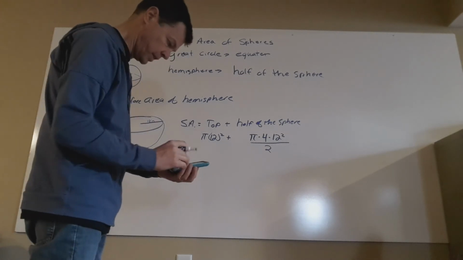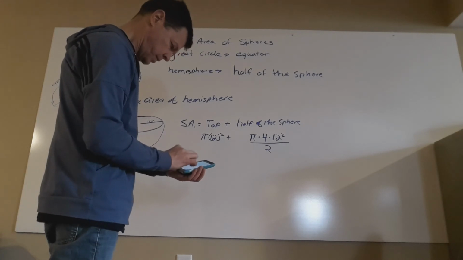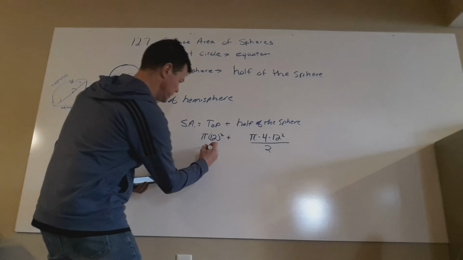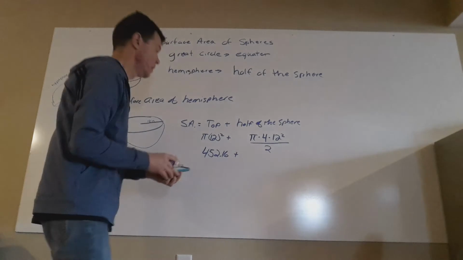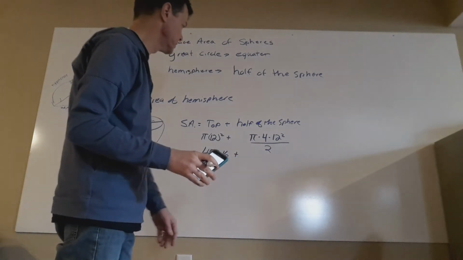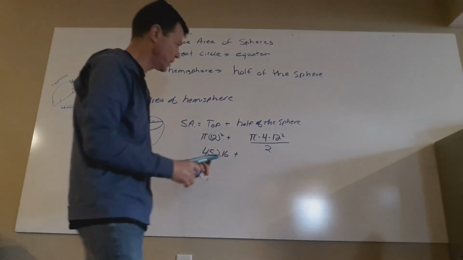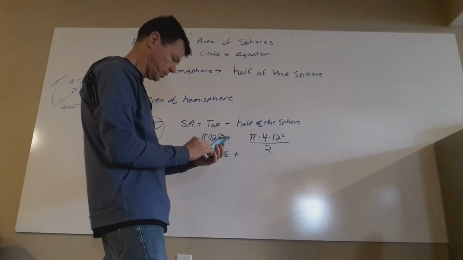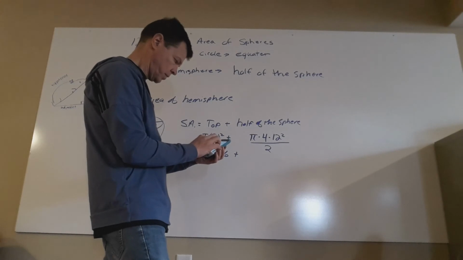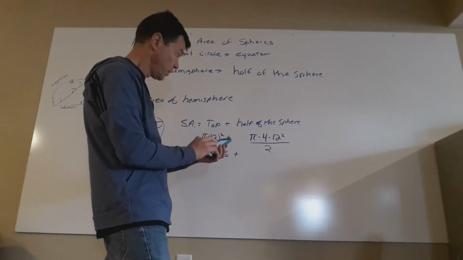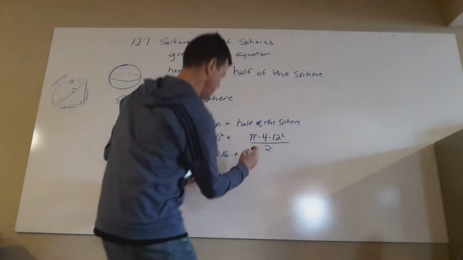I'll calculate that here quickly. The top is 452.16. And then I will add this portion, which is half of the area of the sphere, and that is 904.32.